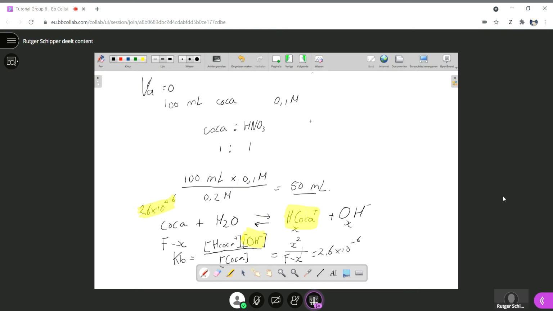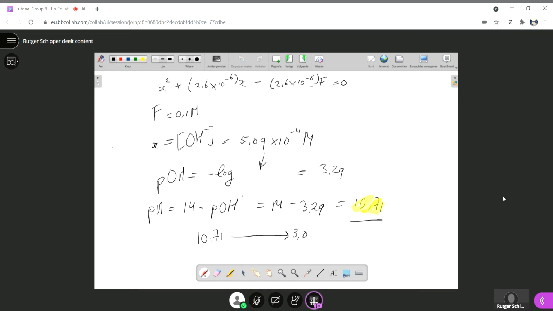I'm going to show you the calculation. So x squared plus 2.6 times 10 to the power minus 6 times x minus the same times the formal concentration. The formal concentration is 0.1 molar, because that's the concentration of cocaine we assume is present in the system. And x is exactly equal to the hydroxide concentration, right?